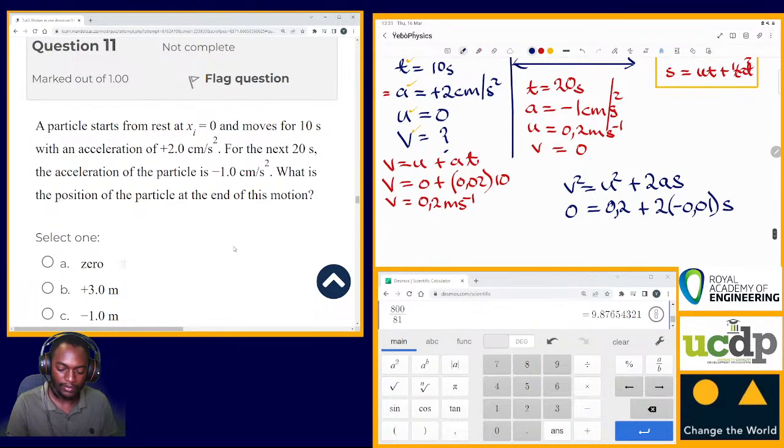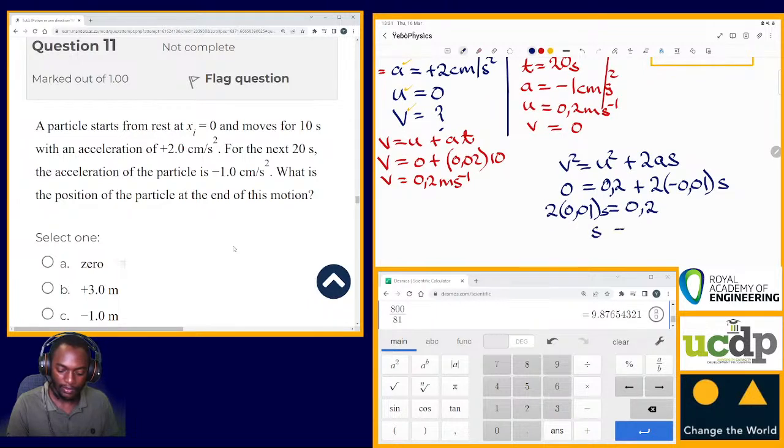Then that becomes 2 by 0.01 s equals 0.2.